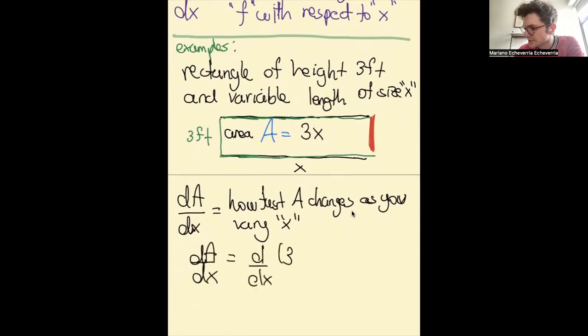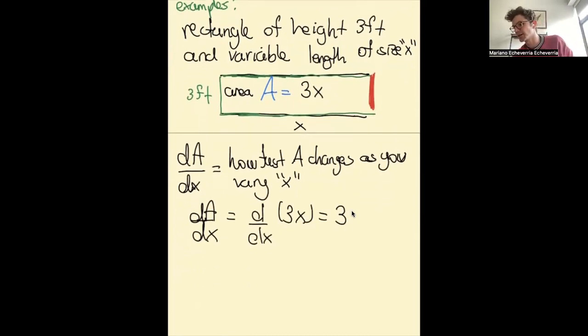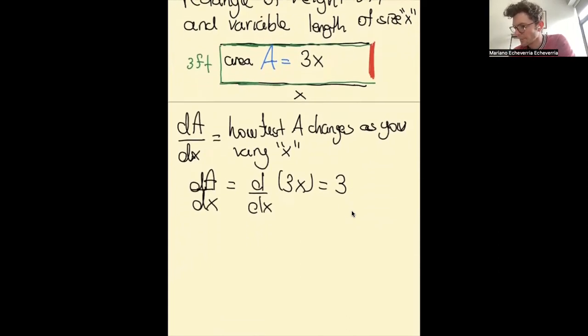In this case, it's an easy derivative to find. That's just 3.